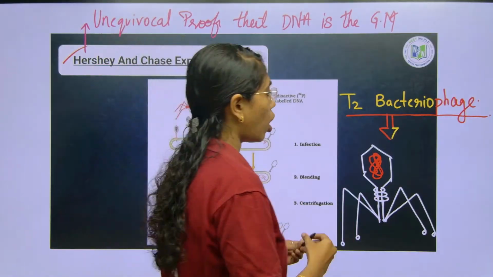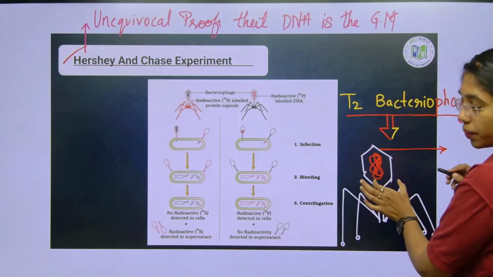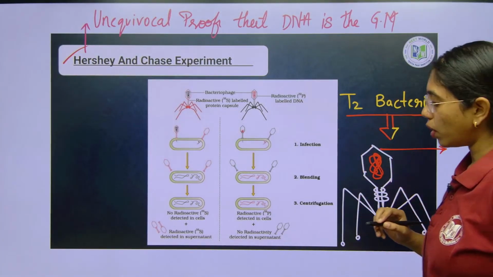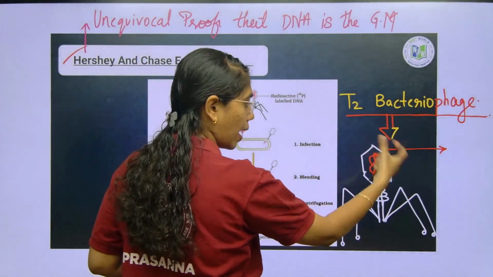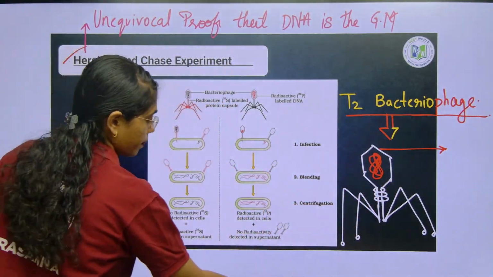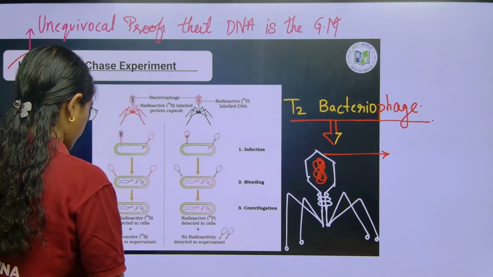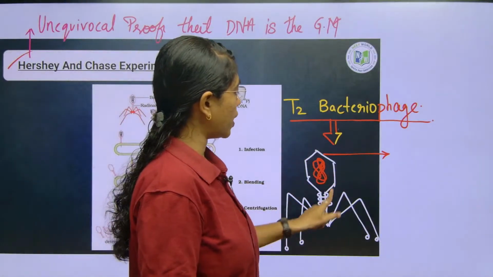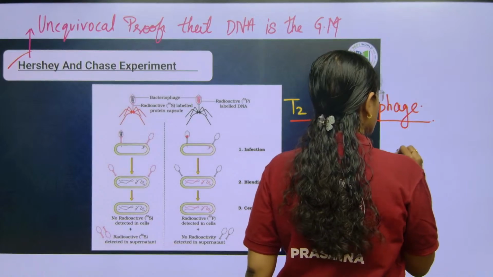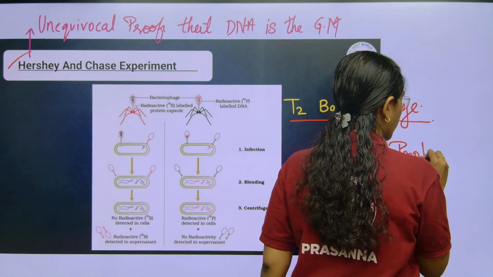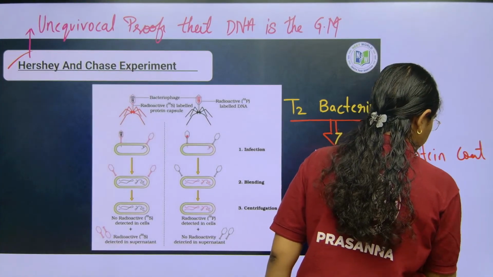So, what are the 4 components that we come across in the bacteriophage? One is the protein coat. Protein coat is made up of what? Capsid. Capsid is the protein coat that is made up of amino acids itself. So, this is the protein coat, which is capsid.